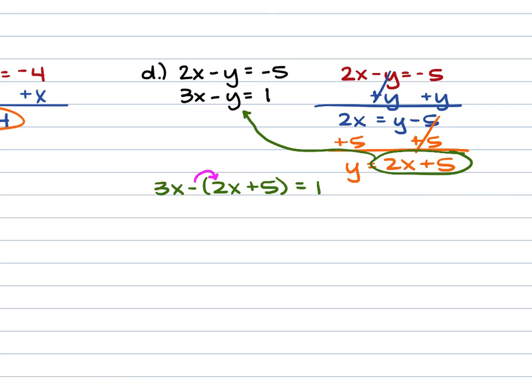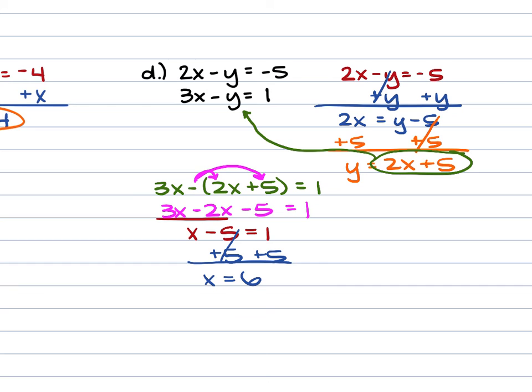I now can distribute that negative. So we have 3x minus 2x minus 5 is equal to 1. I can combine my like terms to get x minus 5 is equal to 1. And then I just add that 5 over to get that x is equal to 6.